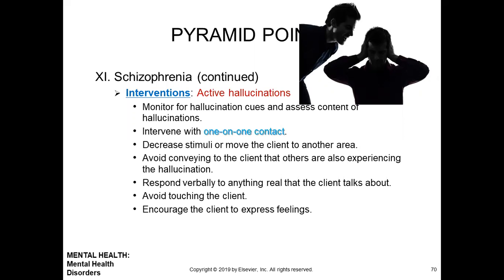Just try to remove them. Decrease environmental stimuli and also give priority to the patient. We ask the patient directly about hallucinations, including commands or what they see. Command hallucination is very important to find out. Provide safety for the patient and others. And one-to-one observation is very important.